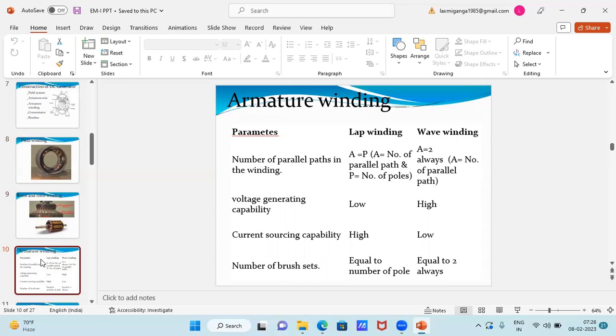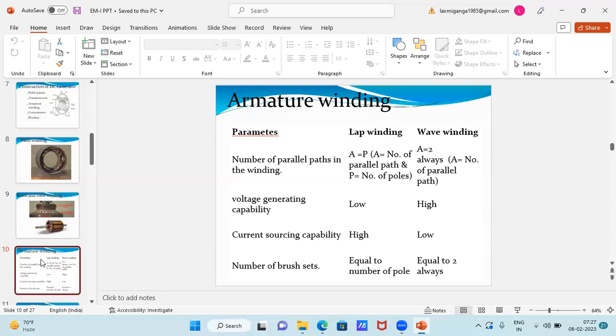In lap winding, the number of parallel paths A is equal to P, that is, the number of parallel paths equals the number of poles in a DC generator. The wave winding is designed in such a way that A is equal to 2, that means the number of parallel paths A is always 2. The voltage generating capability of lap winding generators is low, while that of wave winding generators is high.